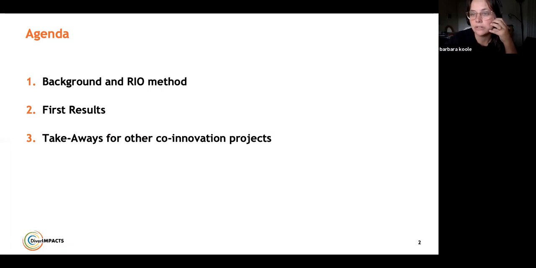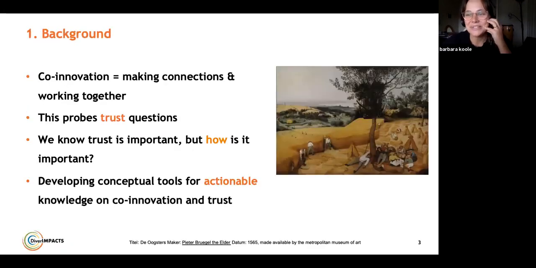The second one is currently under review, and that's focusing mostly on case study 19, the Swedish case study. And then after discussing those first results, I'll be going into some takeaways for other co-innovation projects, and hopefully that will also be useful to some of you attending today. So let's start with some background.